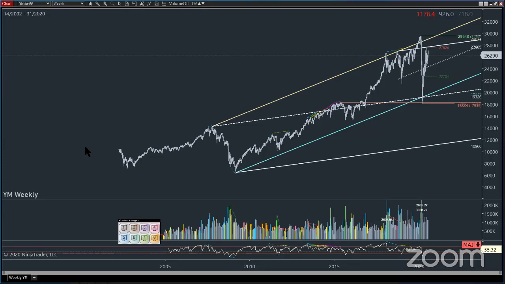I'm curious what further back looks like. I wish I had the data that goes all the way back. Does anybody have some of that data that you could send me, Ninja, for the Dow that goes way back? I know it was only called the Dow in the 20s, I believe.